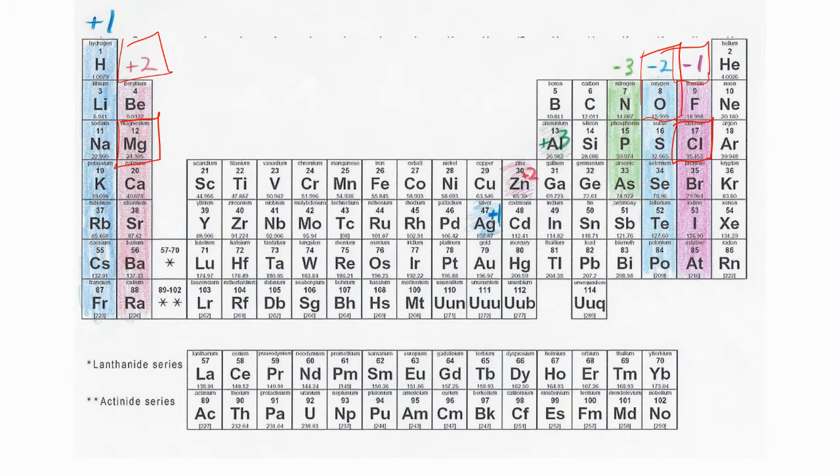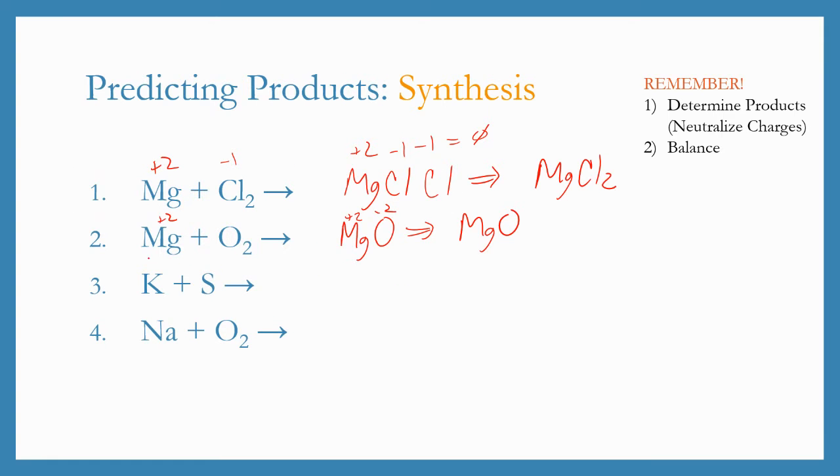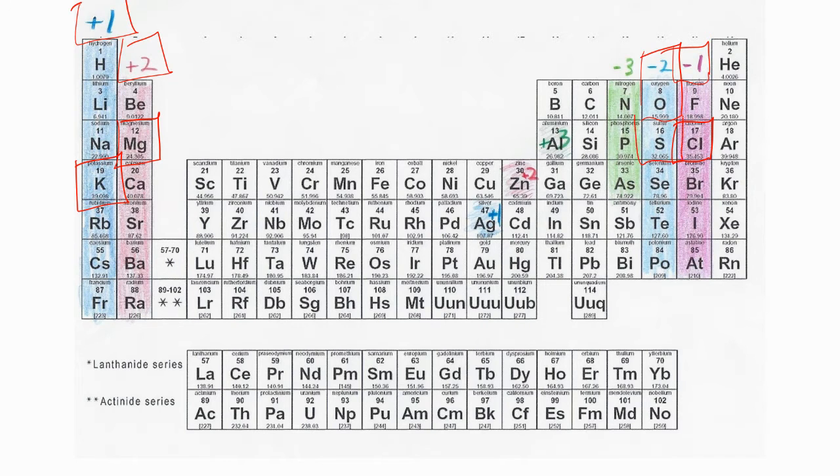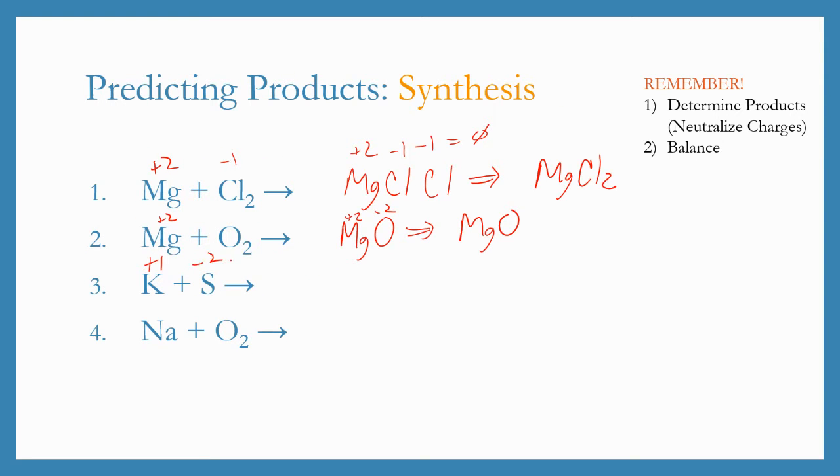Potassium has a +1 charge. Sulfur over here has a -2 charge. So if we're going to have those two come together, a potassium plus a sulfur, we're going to need two potassiums, and that's K2S. Two potassiums, one sulfur.